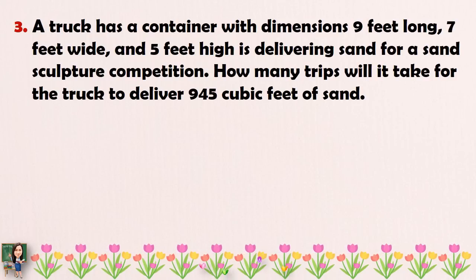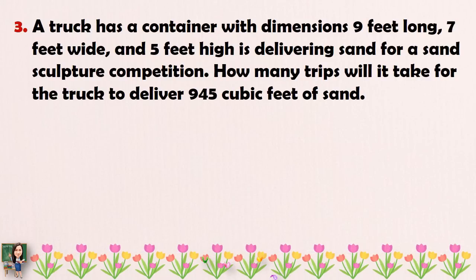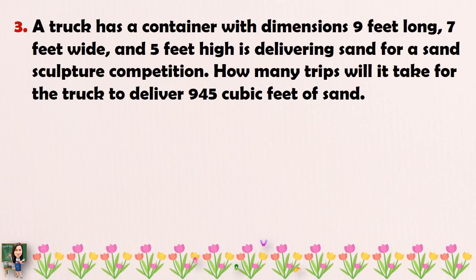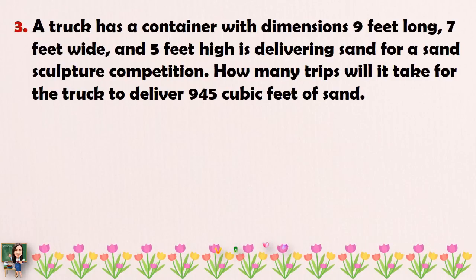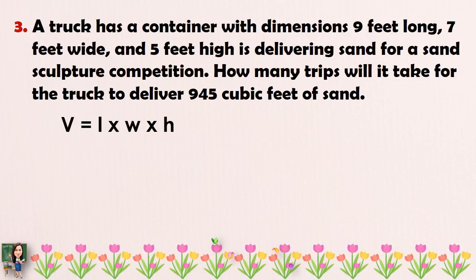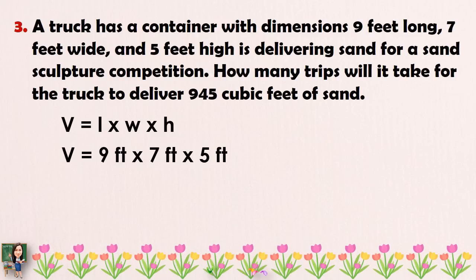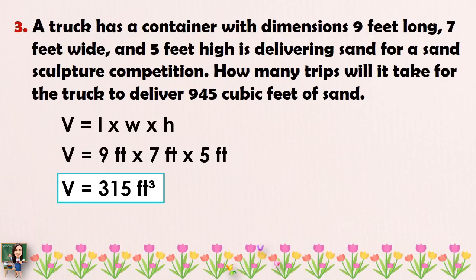Number 3. A truck has a container with dimensions 9 feet long, 7 feet wide, and 5 feet high, and is delivering sand for a sand sculpture competition. How many trips will it take for the truck to deliver 945 cubic feet of sand? Formula, volume equals length times width times height, where the length is 9 feet, the width is 7 feet, and the height is 5 feet. 9 times 7 times 5 equals 315 cubic feet.